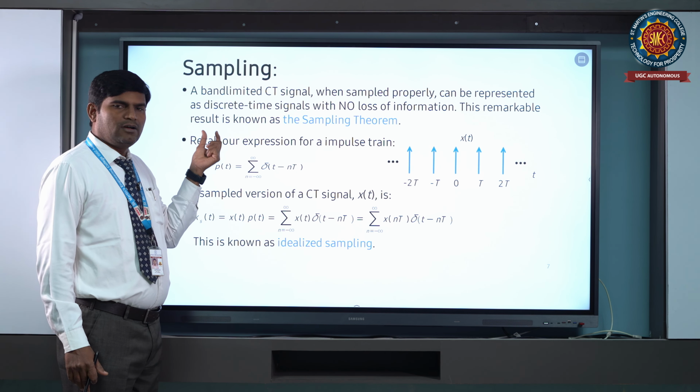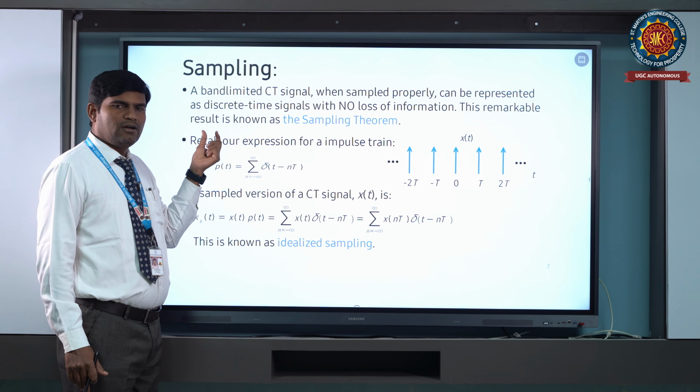Now, coming to signal reconstruction, this is a sampled representation. So far, we have seen how to extract our original signal from the samples. That is called signal reconstruction: extracting the original signal from the discrete samples.